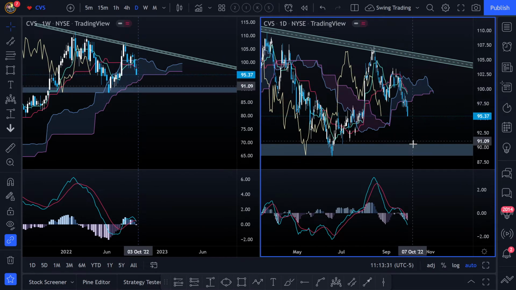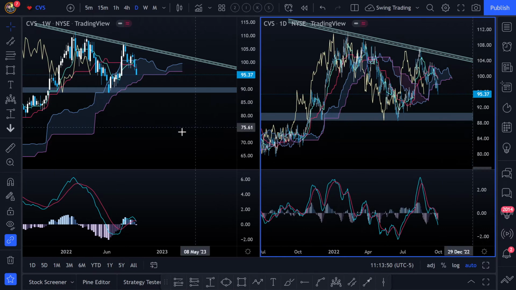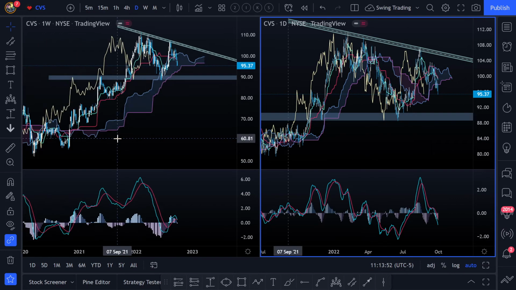So we could short perhaps and target this level, which was previous support, and the target could be from the range of 90 all the way down to 88. So let's see what this stock does and if it continues to go lower.